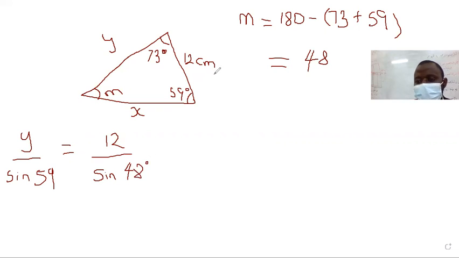Because 12 centimeters is opposite of angle M, that's why we use 12 centimeters and angle M together.